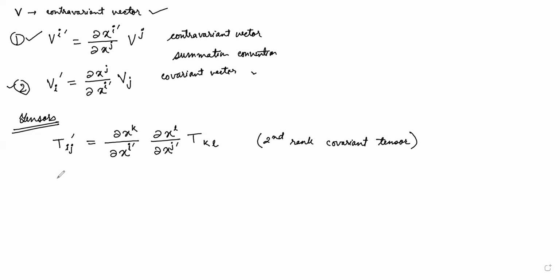Now let us look at the contravariant tensor. This T prime ijk will actually be a third rank contravariant tensor. We can write it like this: dou x_i prime divided by dou x_l, similarly dou x_j prime divided by dou x_m, dou x_k prime divided by dou x_n, times T_lmn.